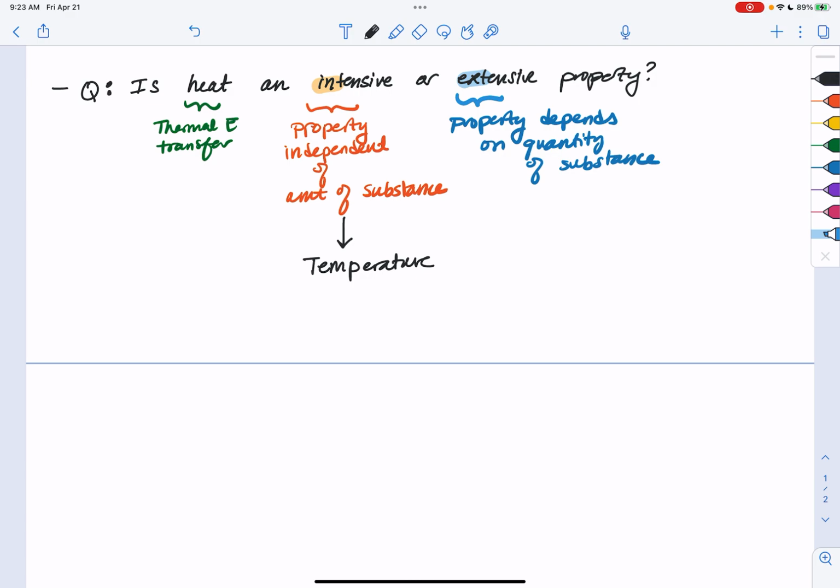But what about heat? Remember, heat is not just temperature. It's the amount of thermal energy transfer as a result of there being some temperature difference. So let's think about this example of a cup full of water.